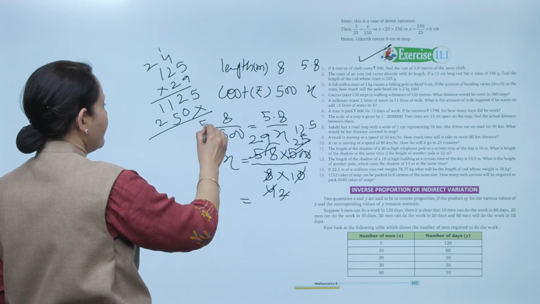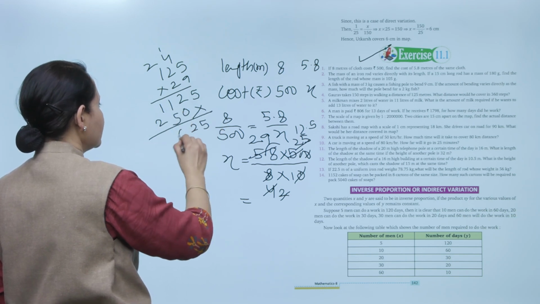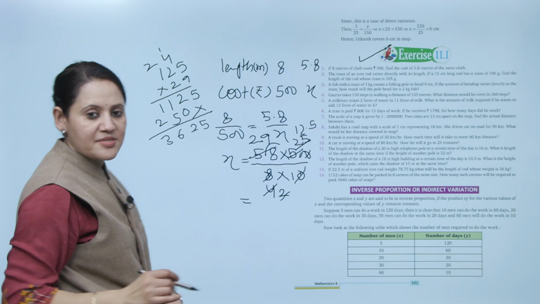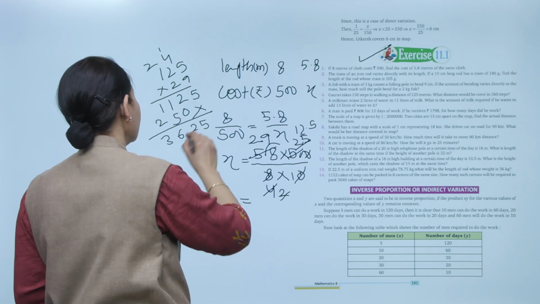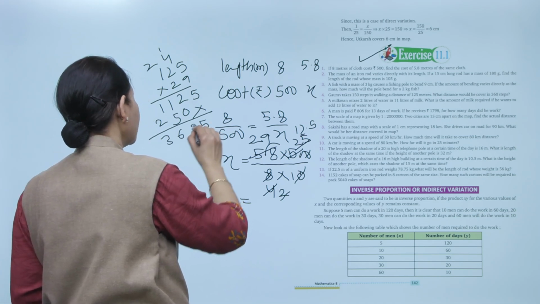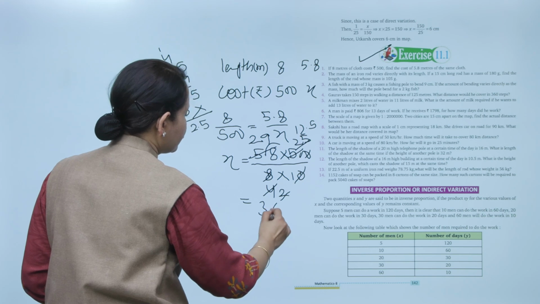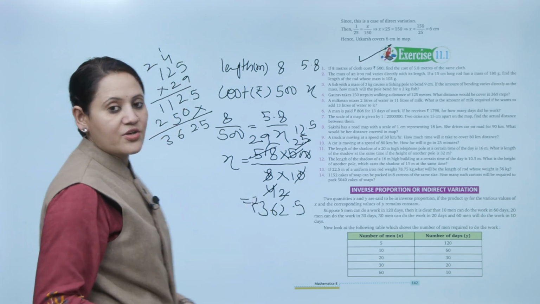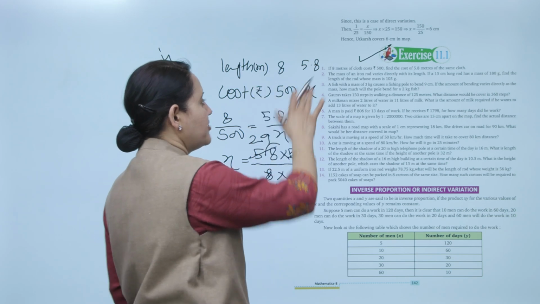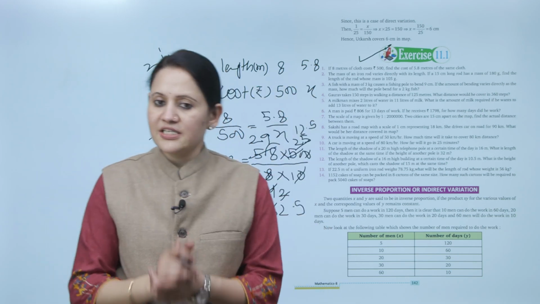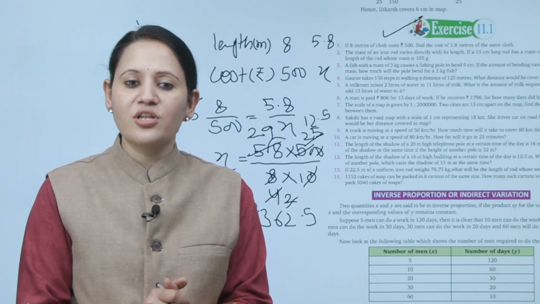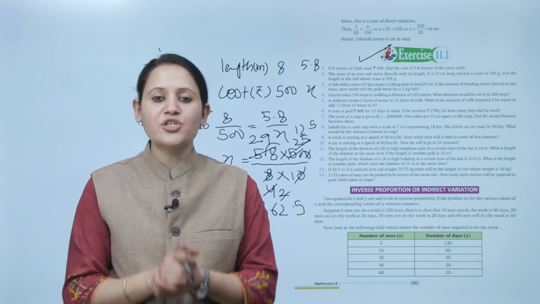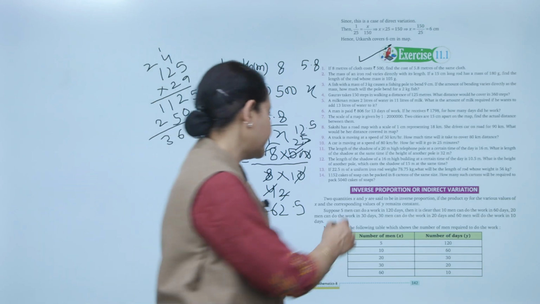Add them together, 5 2 6 3, 1 के बाद decimal था because 2.5 था, so that is equals to 362.5 rupees. That is the cost of 5.8 meter cloth. Understand? So you have to practice all the questions here. Next is inverse proportion or indirect variation.